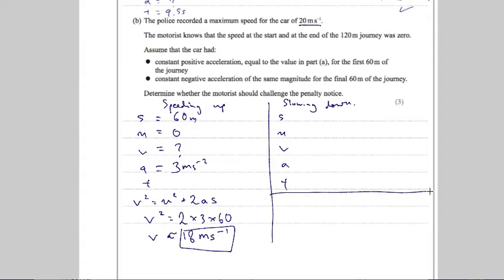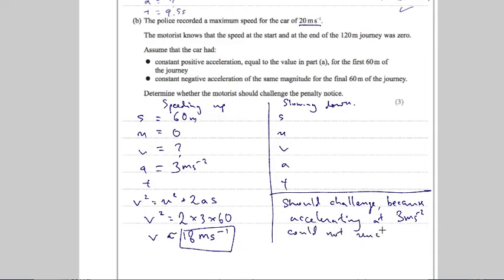So what would you actually write? You would say, should challenge because accelerating at 3 meters per second squared could not reach 20 meters per second over that distance.